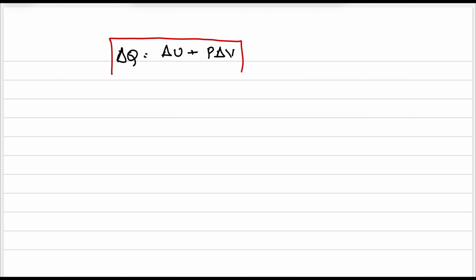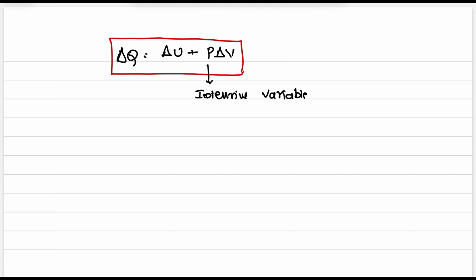Here, pressure is an intensive variable. It doesn't depend upon the size of the system in which it is working. Pressure is force per unit area.